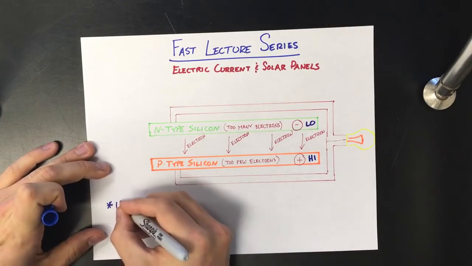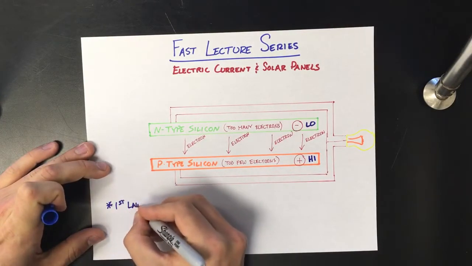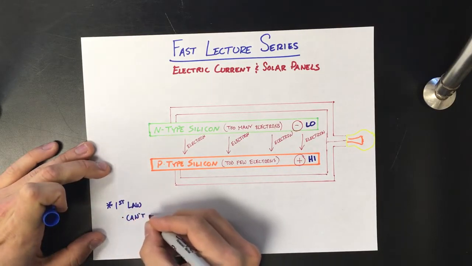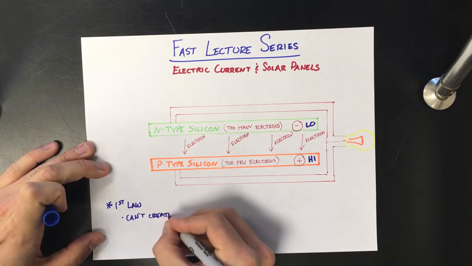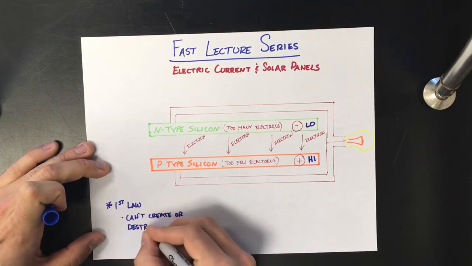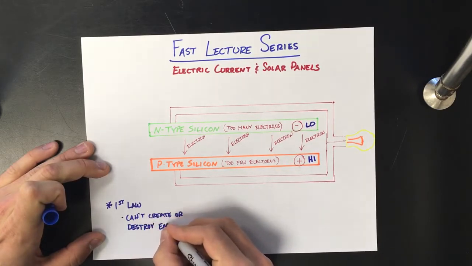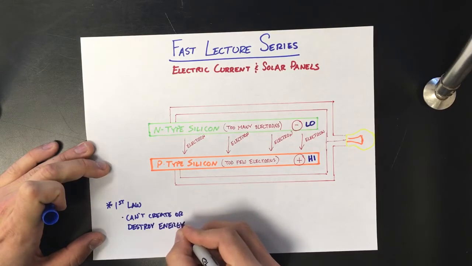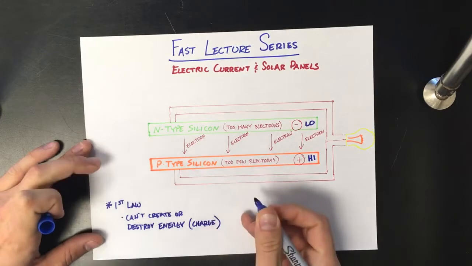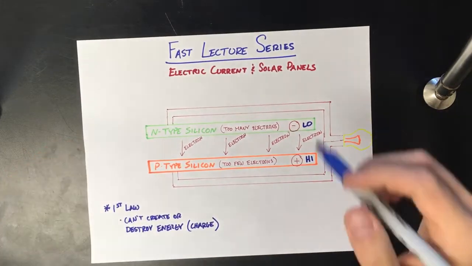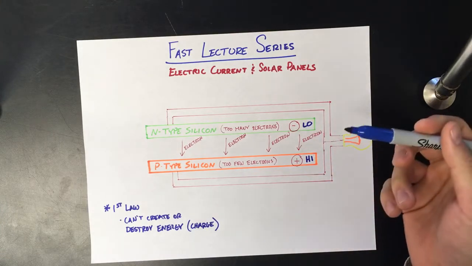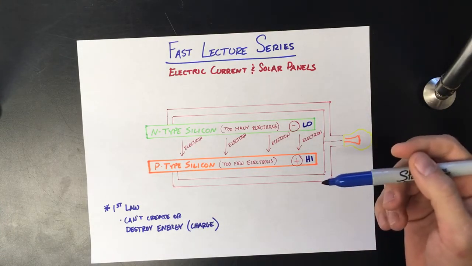So I'm going to make a little note down here that this has to do with the first law, that essentially you can't create or destroy energy. And in this case, the energy that we really care about is this charge. What's important about this is that we can't create or destroy this charge that we've created, but it's just going to flow somewhere. All right, we know that it has to go from one place to another.